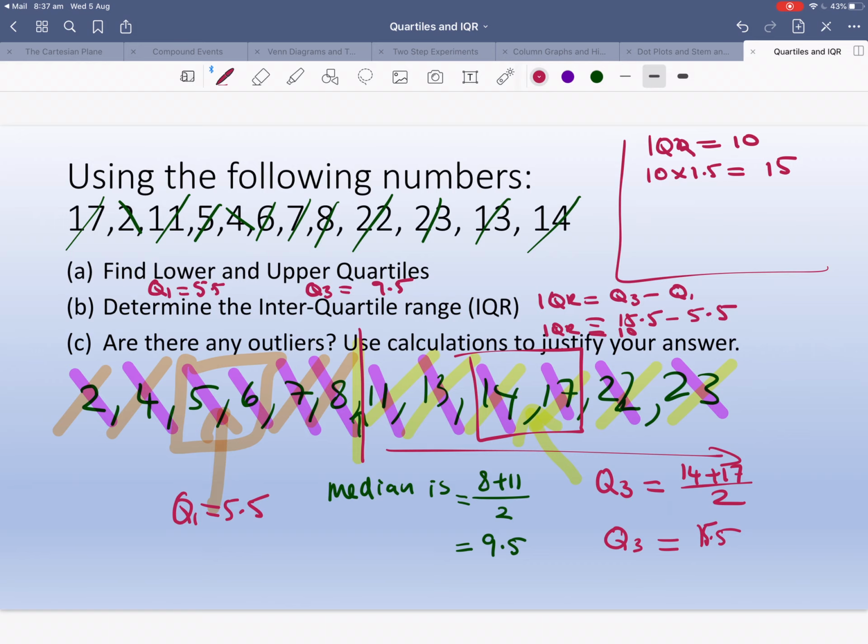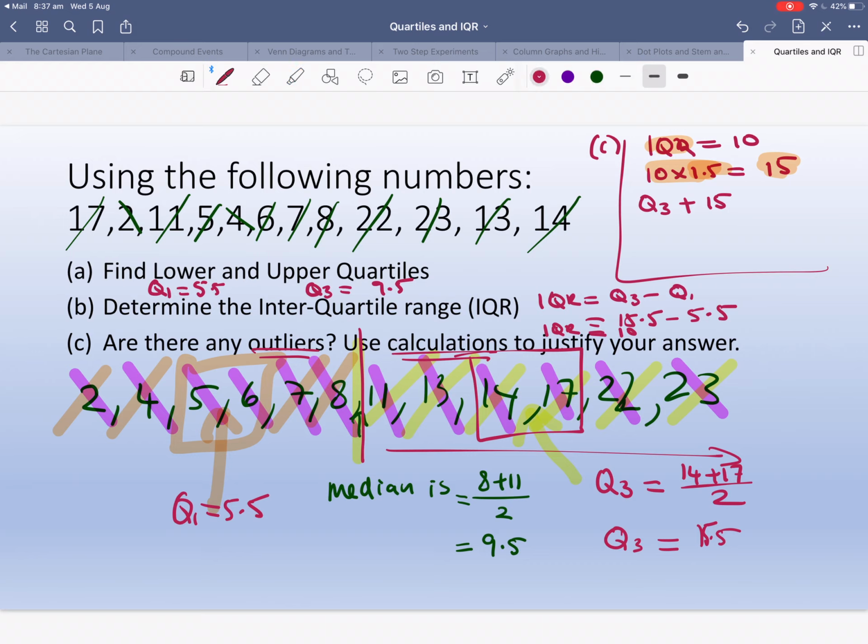Now, to find any outliers, because it says, are there any outliers, and we've got to use calculations to justify, so this is C here. I'm going to have to go Q3 plus 15. So our calculation that we've just done, we've done interquartile range times 1.5.